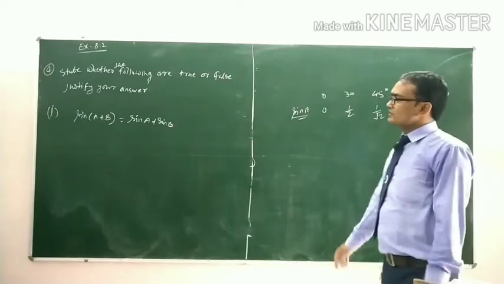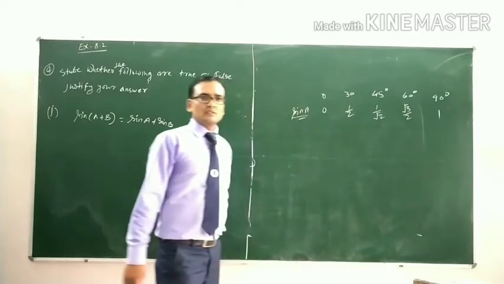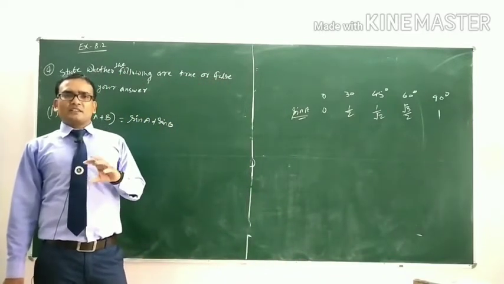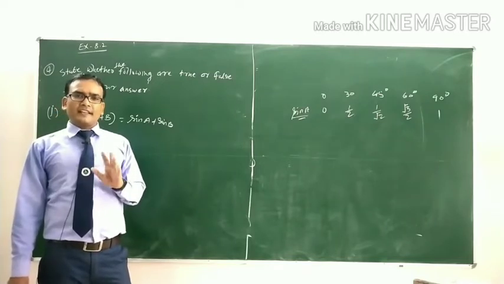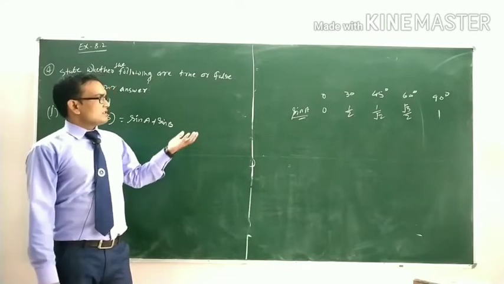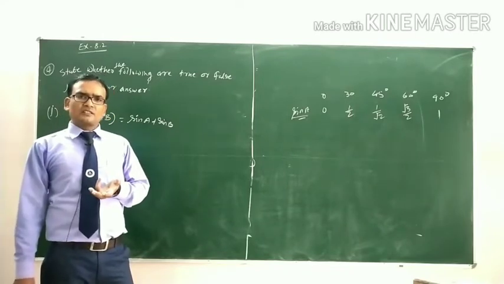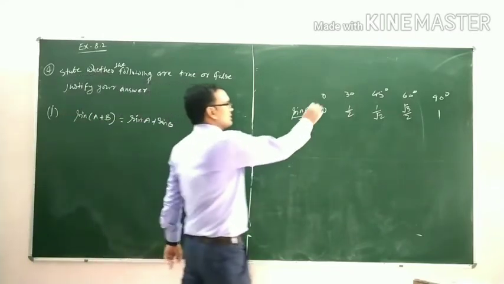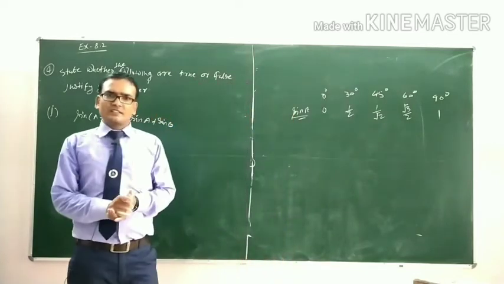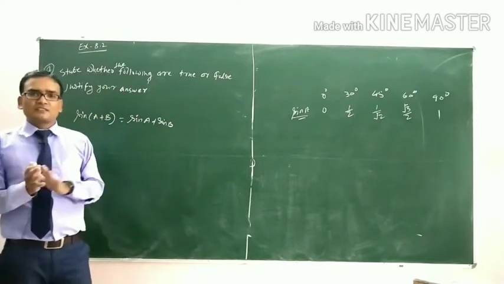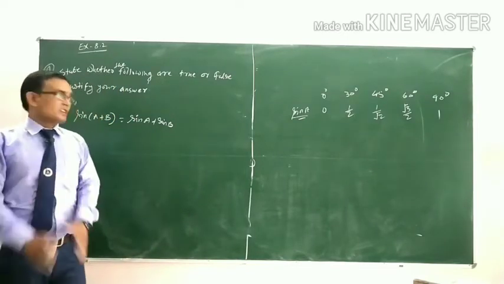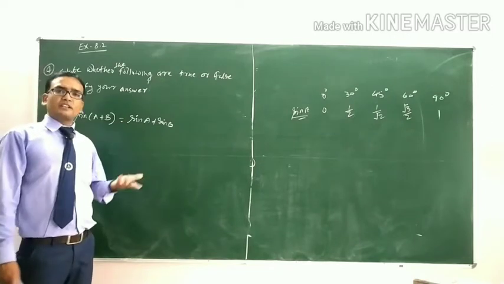Okay students, if we take any value of A and B, like 0 degree, 30 degree, 45 degree, 60 degree and 90 degree, then if both sides are equal, our statement is true.